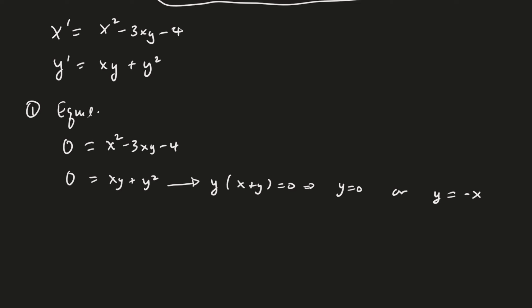Now if y is equal to 0, I'm going to go back to my other equation, and if I plug in y equals 0, I just get that x squared minus 4 equals 0.